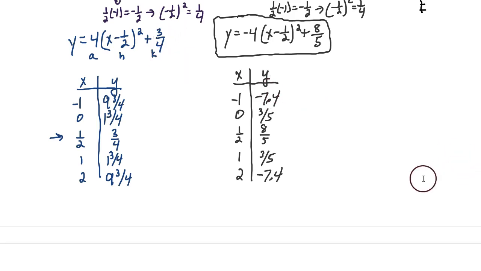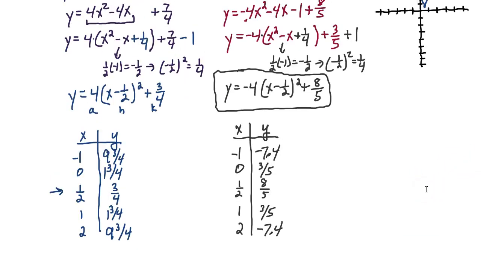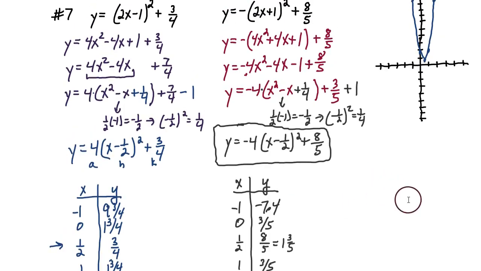Let's graph those points on our grid, starting with the 1/2, comma 8/5. 8/5 is the same as 1 and 3/5. So let's find 1/2, comma 1 and 3/5. Here's 1/2, and then 1 and 3/5 is about right here. Now let's find 1, comma 3/5. Maybe about right here. And 0, comma 3/5 is here.